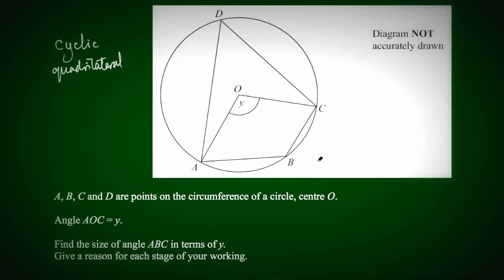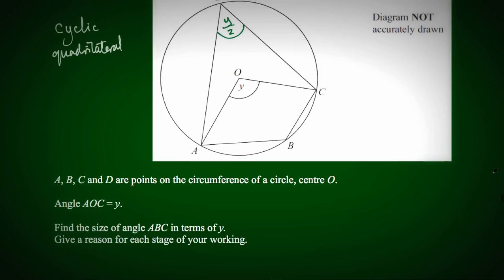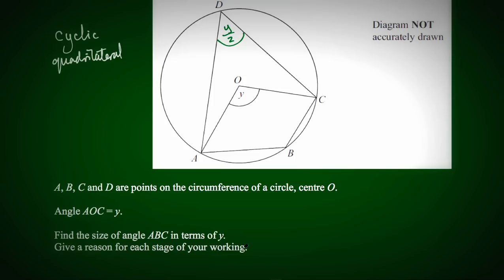Well, I can use the second circle theorem in here. If that's y, this must be half y, because of the circle theorem that tells us about angles at the center. I'm just going to write this as I go. Angle AOC equals y. Angle ADC equals y over 2.